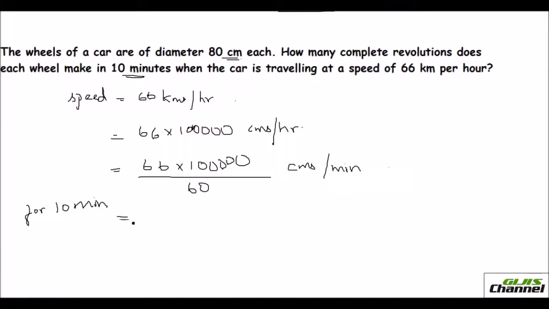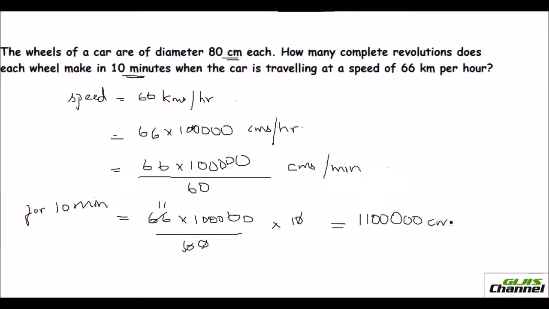For 10 minutes, you have to multiply 66 times 100,000 divided by 60 times 10, because this is for 1 minute. Okay, this 0 and 0 will get cancelled, and this would go here 11 times, or you can use the calculator and you get the answer as 1,100,000 centimeters per 10 minutes.